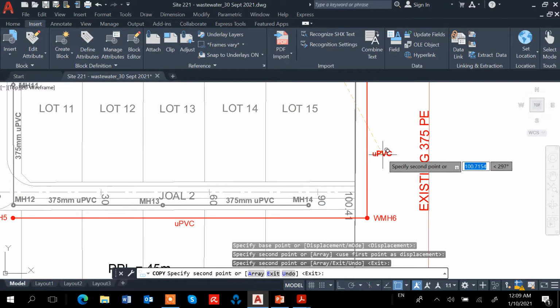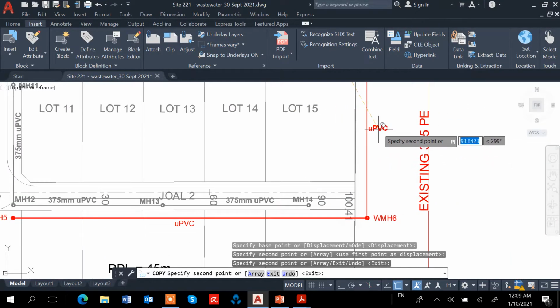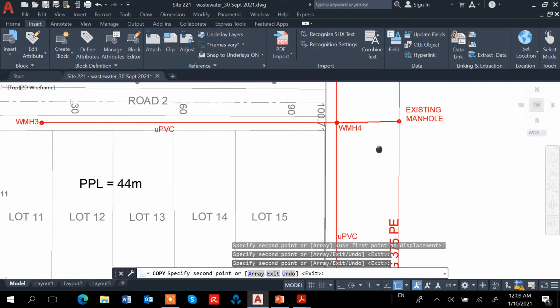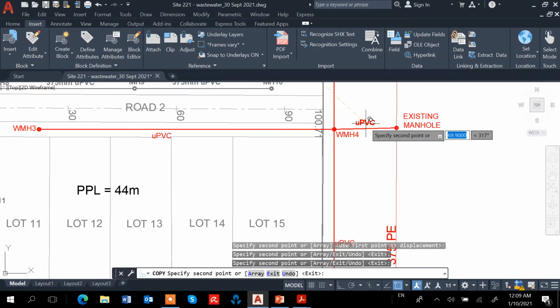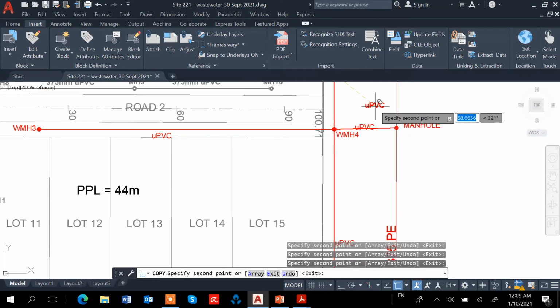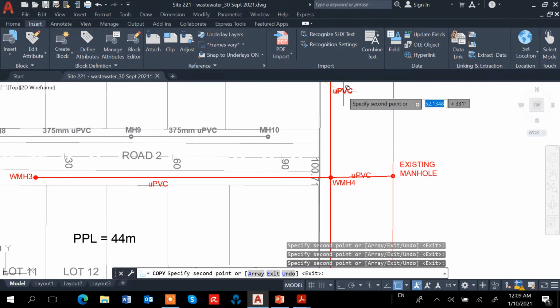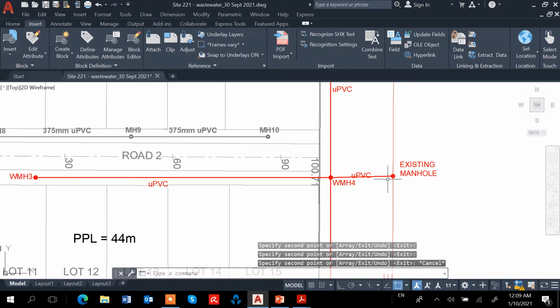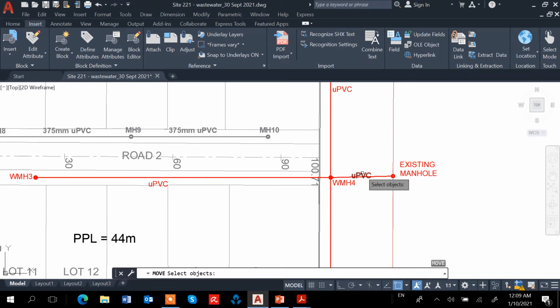And then I think I need to put one here as well. Here. Oops. Then one here as well. So I need to move this one up a bit.